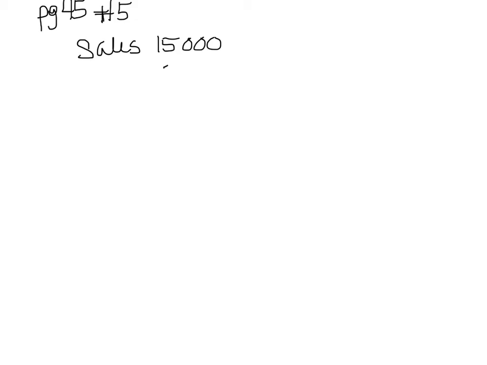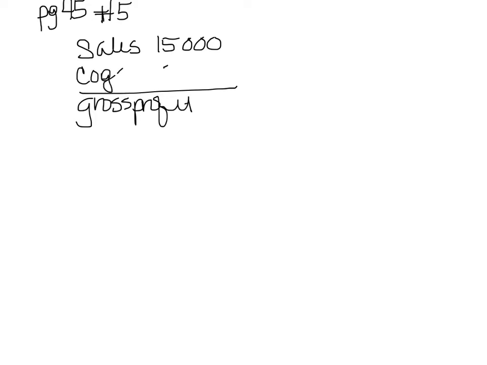So that was really great that they gave us all of this additional information. But the only thing that you need to calculate gross profit is sales and cost of goods sold, which I'm abbreviating here, or cost of sales, is the only two numbers that matter in computing gross profit.